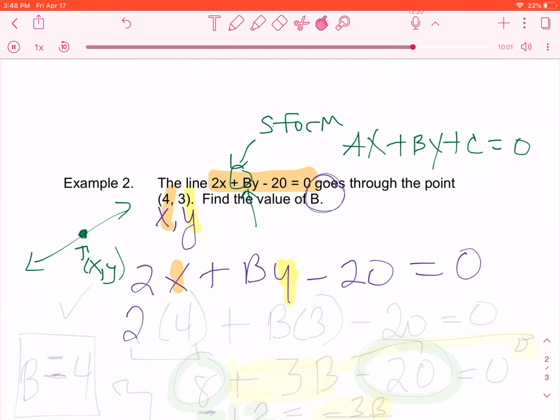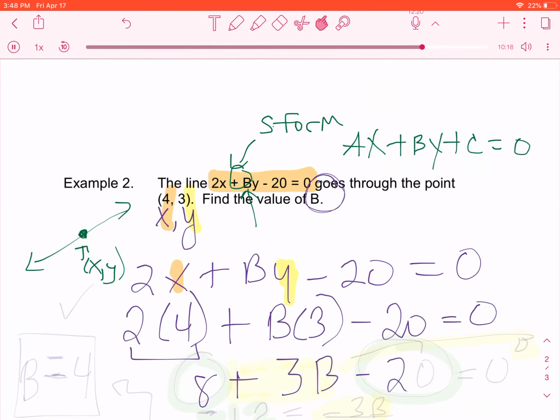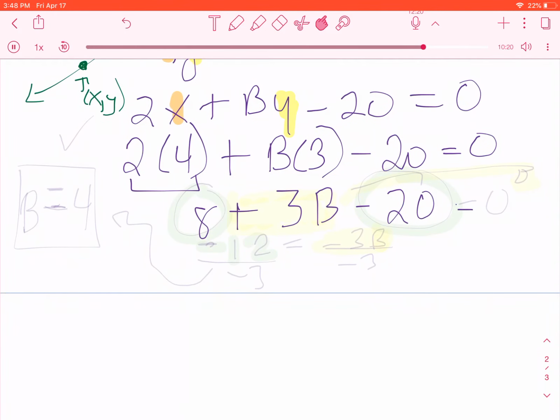So I have 2 times 4 plus b times 3 minus 20 equals 0. Easily I could do 2 times 4, which is 8. When I multiply b times 3, I get 3b, and I'll rewrite minus 20.